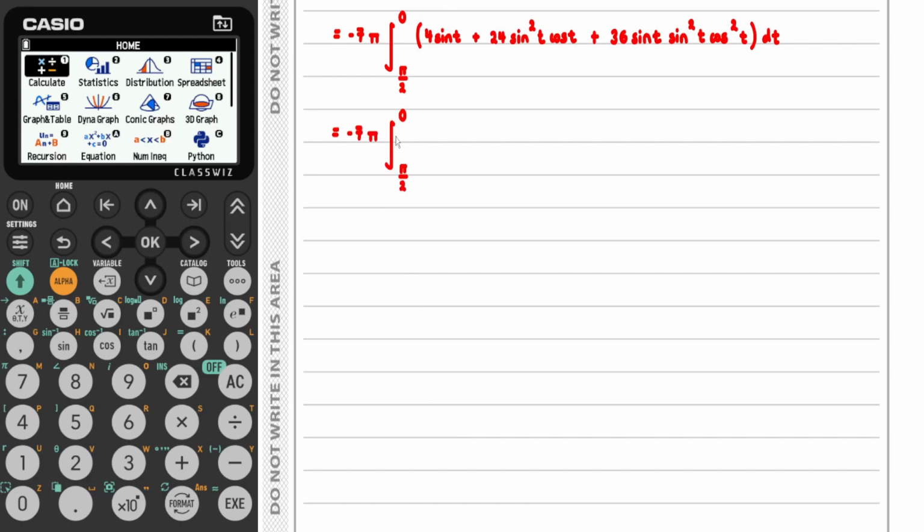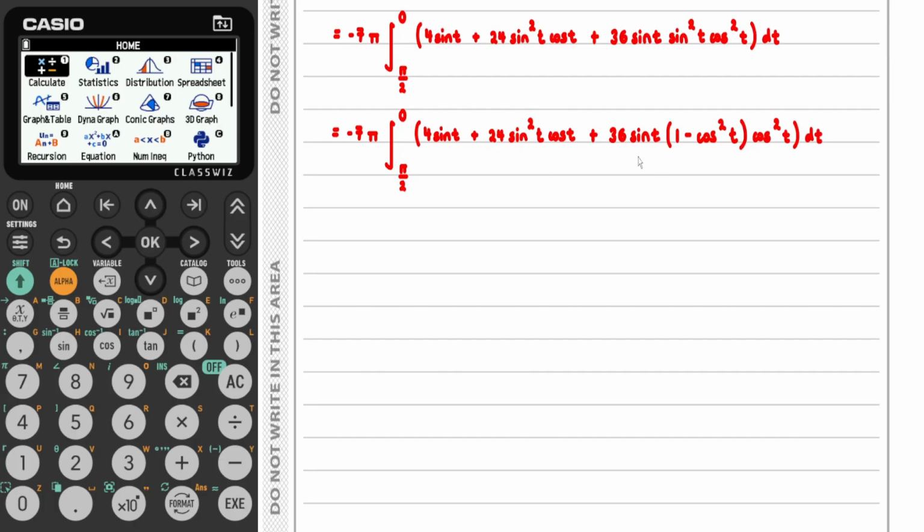So I've got negative 7 pi times the integral from pi over 2 to 0 of 4 sine t, and then I've got 24 sine t squared cos t, and then I've got 36 sine t, and this sine t squared I can rewrite as 1 subtract cos t squared, and then I multiply by cos t squared.